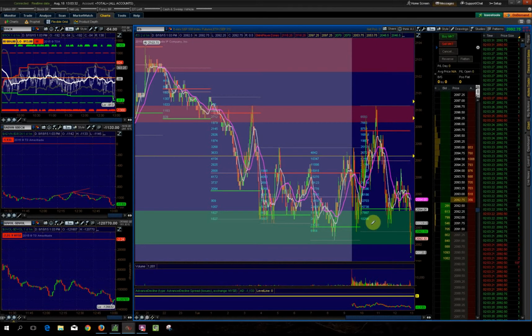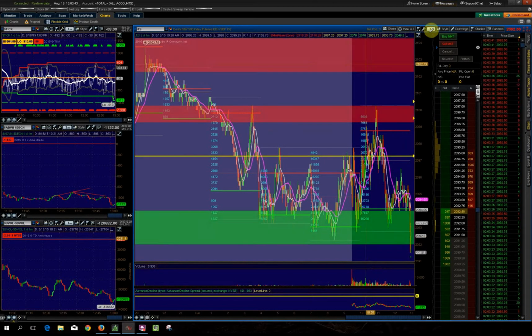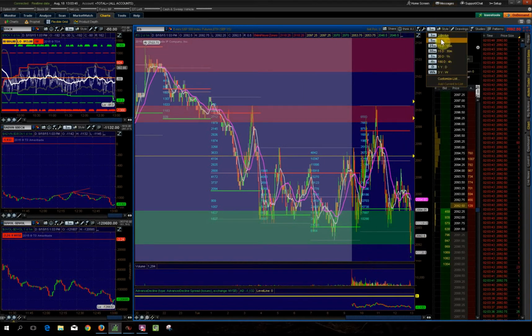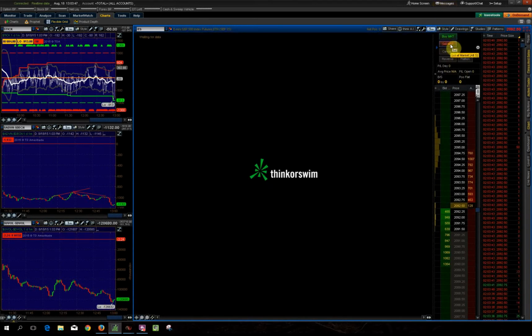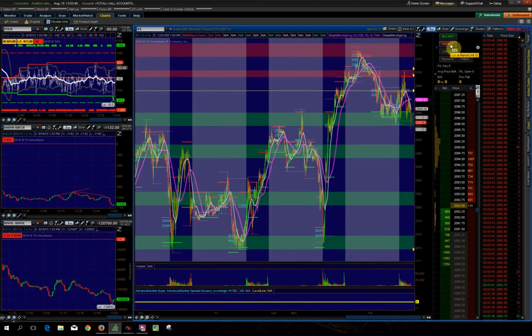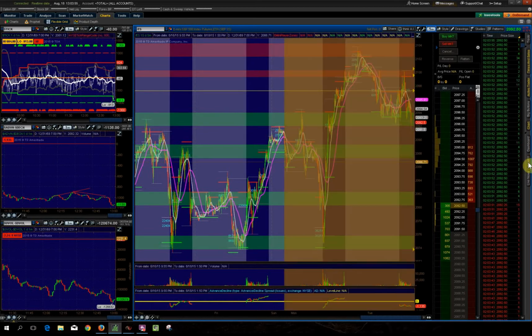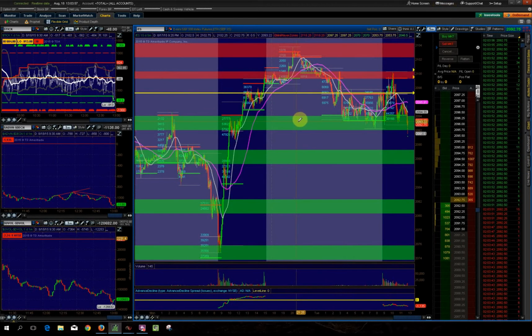That's just to protect my remaining contracts, because I didn't scale out too many as it came down to 92, but I knew it would at least initially break down first and then come back for a retest, and then we can look for another short opportunity, and maybe I might short a few more contracts if it does retrace back deep enough. And we're looking at probably no more than the 93 level.